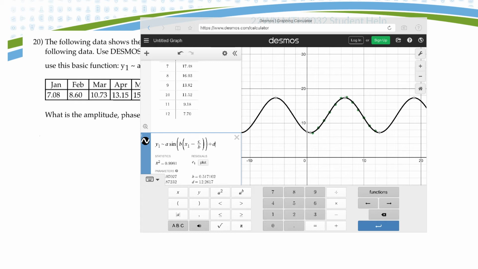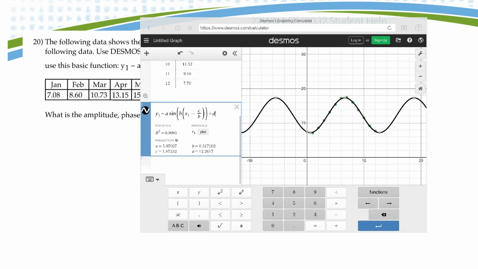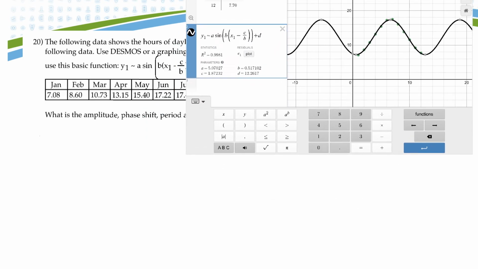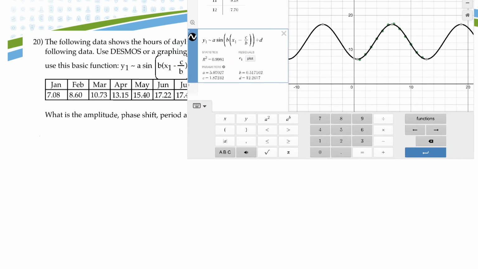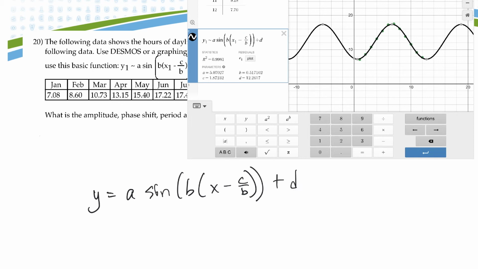So now when I take a look at it here, I see what A, B, C, and D are, and I can put those into my function in functional notation. Let me write them down. So y is equal to A sine, b bracket x minus c over b, plus d.